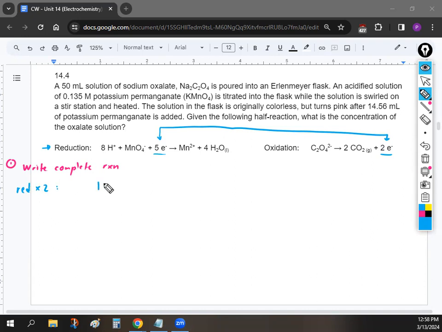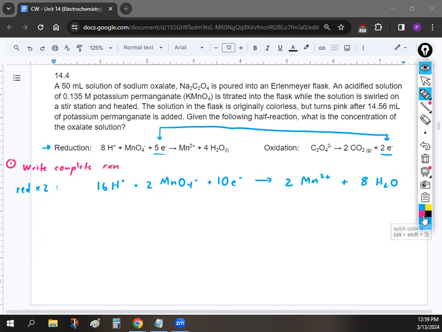That's going to get us to 16H+ plus 2 MnO4- plus 10 electrons, arrow, we got 2 Mn2+ plus 8 H2O. Does that make sense, guys? You just want to make sure the electrons are equal.